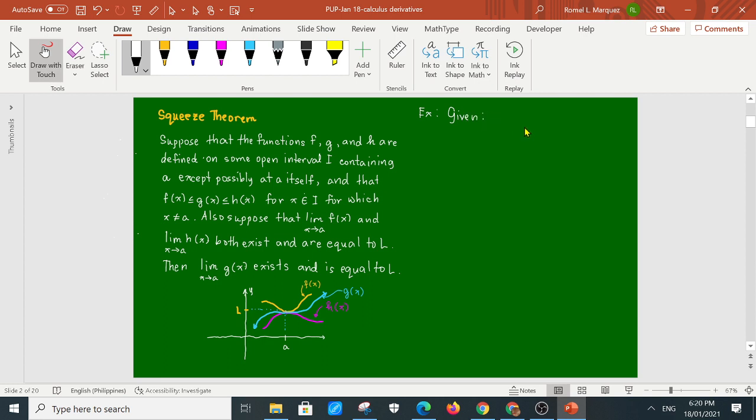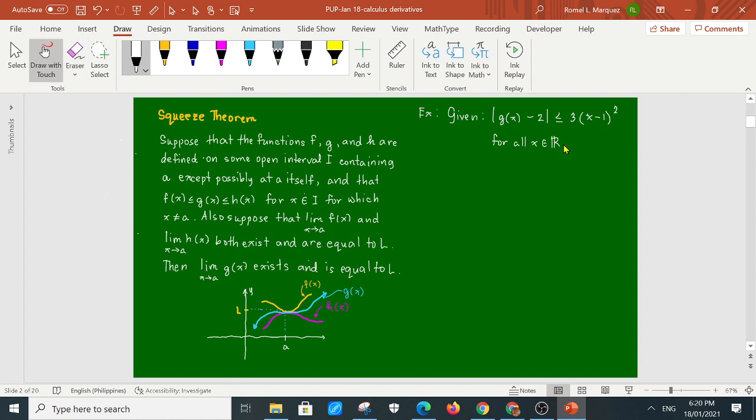Given, let's say, the absolute value of g of x minus 2 is less than or equal to 3 times (x minus 1) squared, for all x that is an element of the real numbers, meaning for all real numbers x.